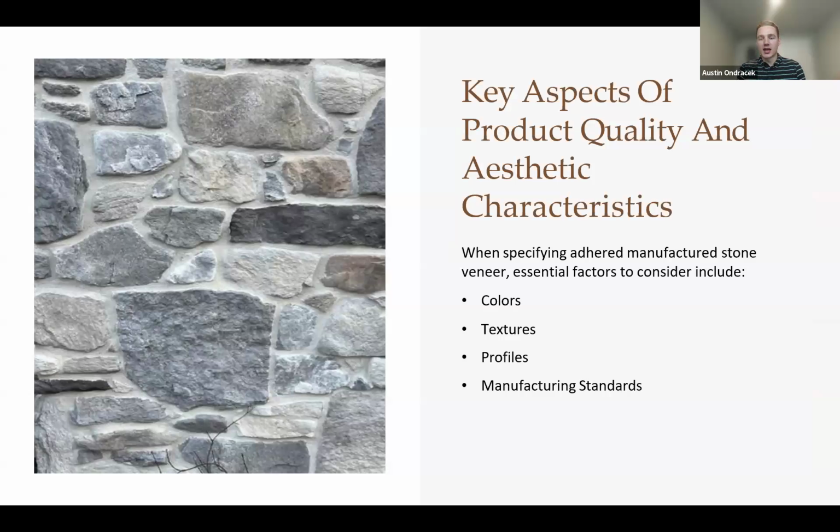And so when looking at whether it's the colors, the textures, the profiles, manufacturing standards for the product, the elements of what they get from this manufactured stone, they take directly from nature. So you'll see either color palettes or finishes or waves. They will make molds out of natural stones from different regions.